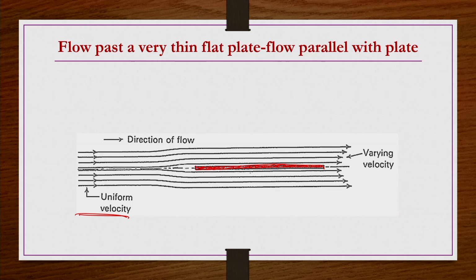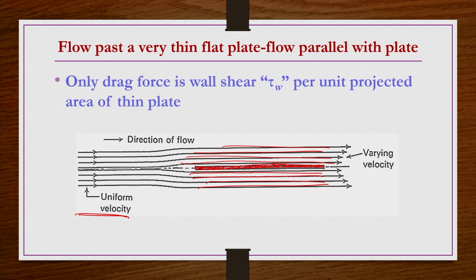So in such a flow, the fluid comes without any distortion, going smoothly past the plate. The streamlines are not deviating much from the flow direction; only near the surface is there slight deviation, and after that it is the same as the flow direction. Here the only drag force is the wall shear per unit projected area of the thin plate.